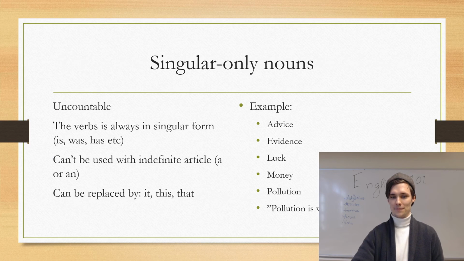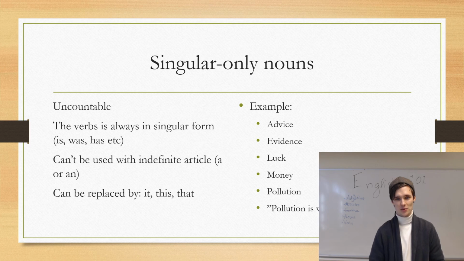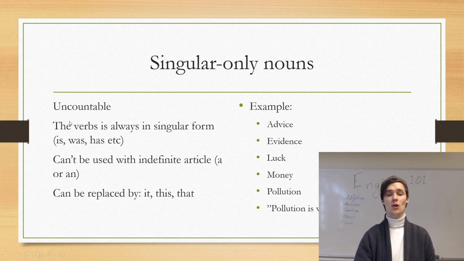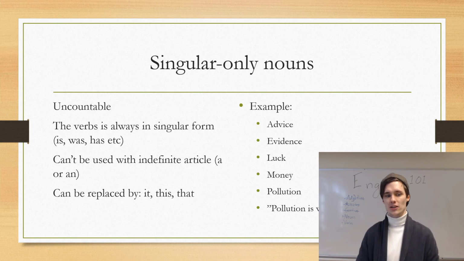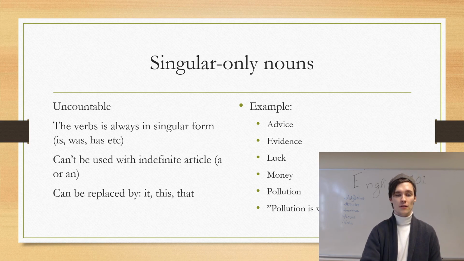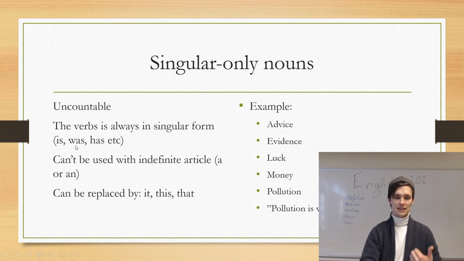Then, we have the singular only nouns. These ones are what you call uncountable, that you can't count them. You can't put a number in front of them and have them change. The verb used alongside them is always in its singular form, like is, was, has.